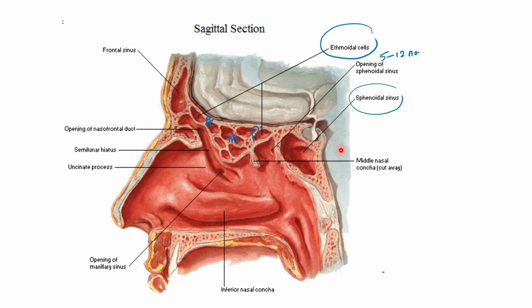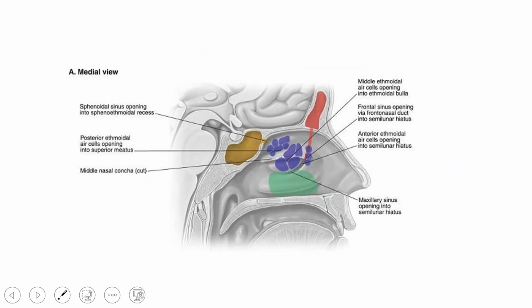Next, after looking at the locations, blood supply, nerve supply, and lymphatic drainage of all the air sinuses, we'll have a look at the openings of these paranasal air sinuses. The paranasal air sinuses are seen to drain into the lateral wall of the nose.